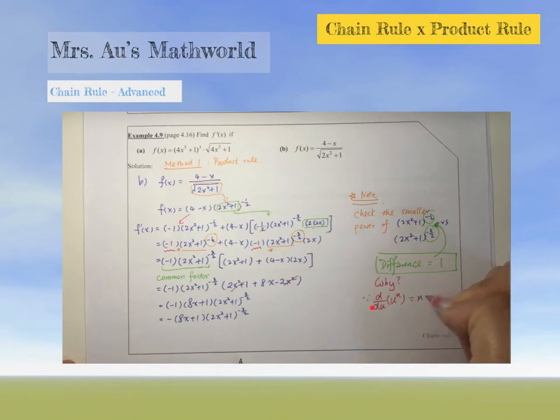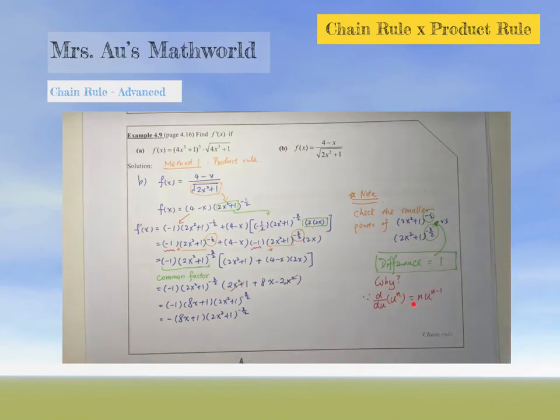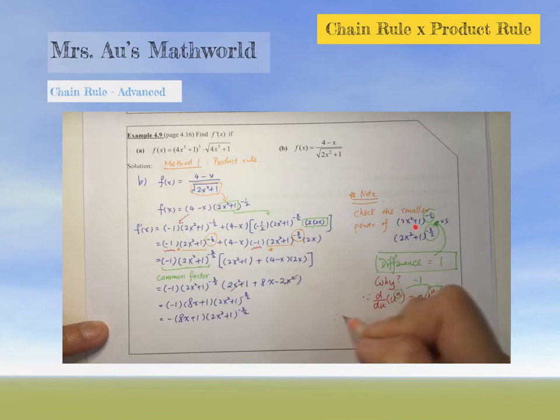Whenever we use the basic rule, the power here will be changed, right? The change is we minus 1. Therefore, the difference among these two factors is always 1. The difference among these two must be 1.